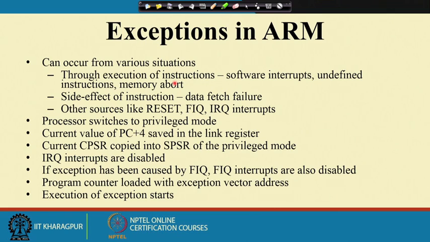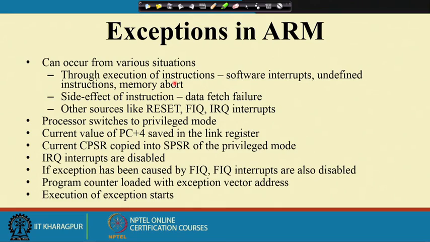There can be a side effect of an instruction like data fetch failure. If we are trying to fetch some data, when one of the operands is a memory operand, we are trying to get the data from the memory location, and that memory location is not within the address space of the processor, or the particular memory address is absent, the memory chip is not there. In this type of situation there is a data fetch failure.